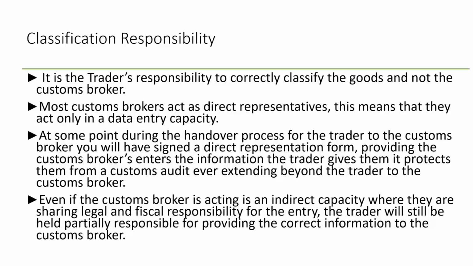Even in indirect representation, where the broker is jointly legally and fiscally responsible, and a lot of brokers won't do that, right? A lot of them will only do direct representation. But even in that case, the trader or the business still shares responsibility. So it's very important that you get that correct.